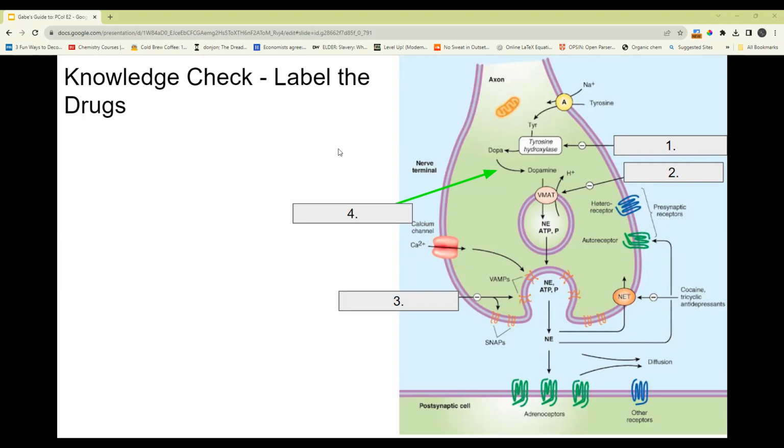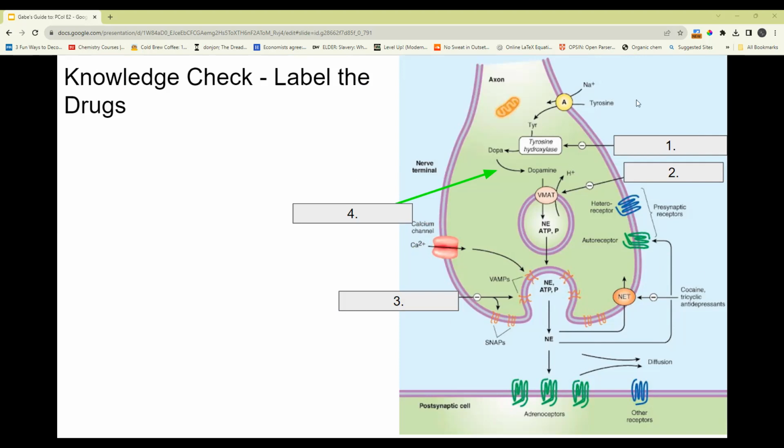What do we think? What's going to be at 1? Tyrosine hydroxylase. Metyrosine, even though it's not like a tumor.